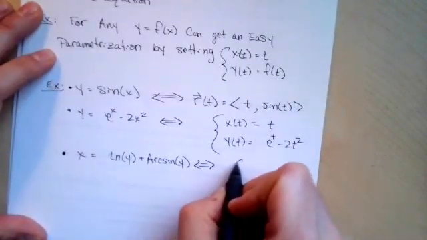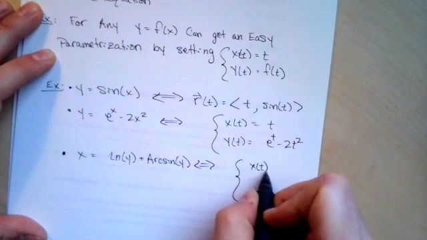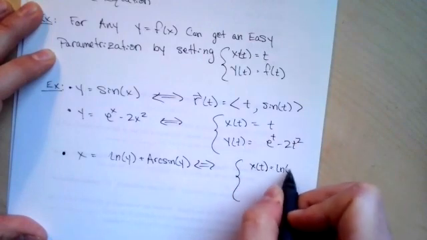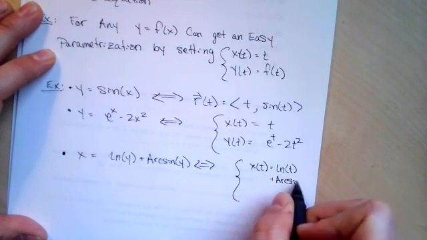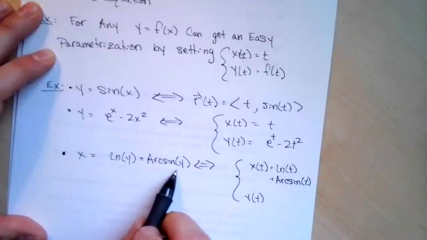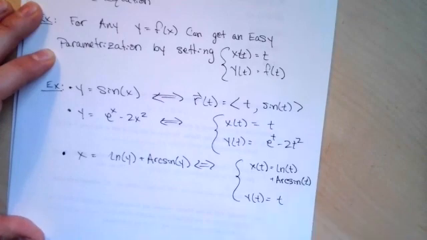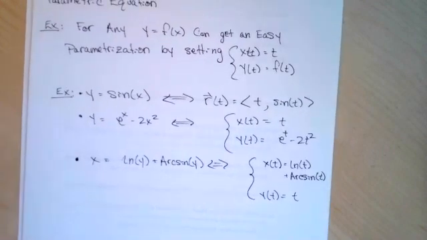Parametric equations we can come up with: our x, we now have natural log of t plus arcsine of t. And then, of course, our y of t, since it's our independent variable, we can just make it equivalent to the independent variable in parametric equations. That is, we'll just set y equal to time.